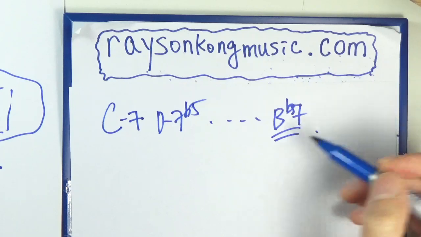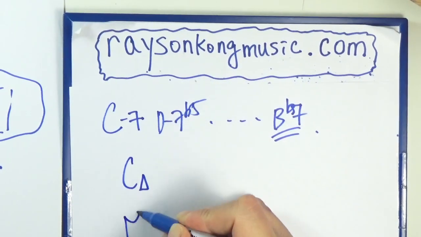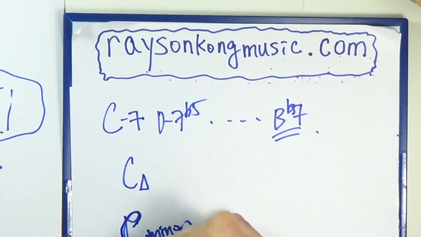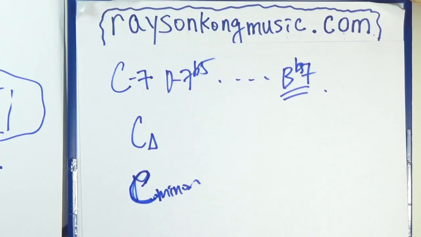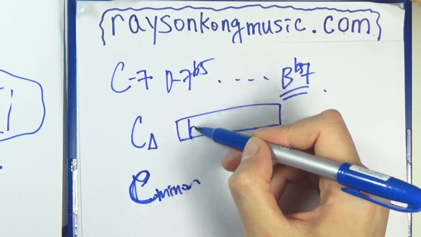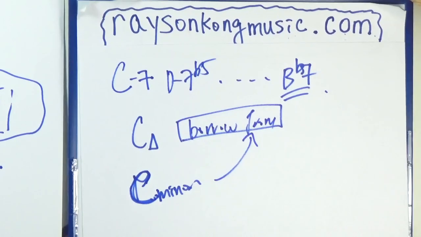The concept here is if you have C major and also C minor, the C major chord progression can actually borrow from C minor as well.